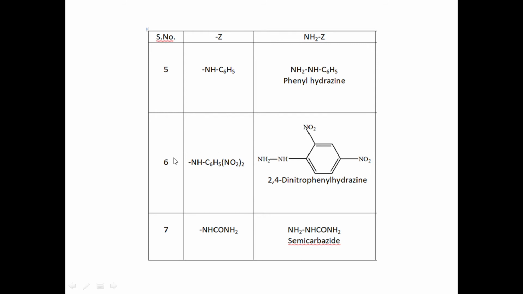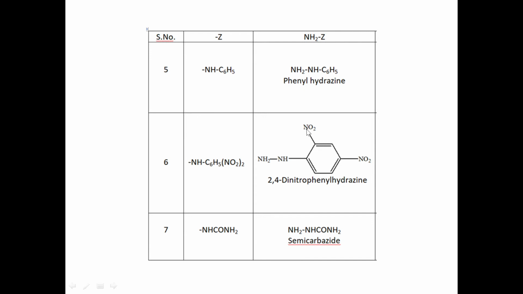Now let's take another example. Another Z: NHC6H5 with NO2 twice, two nitro groups. In phenylhydrazine we have simple benzene, while here we have benzene with nitro groups at the second and fourth positions. We'll number this carbon as 1, so this is 2, 3, 4.